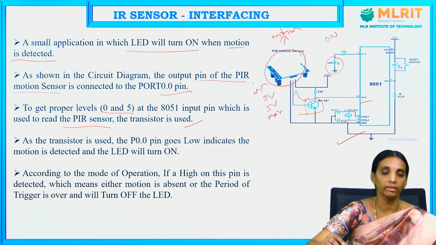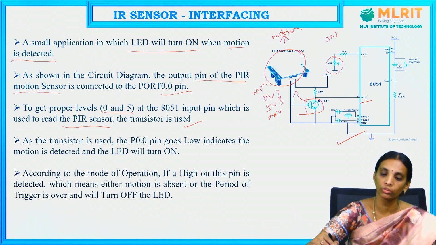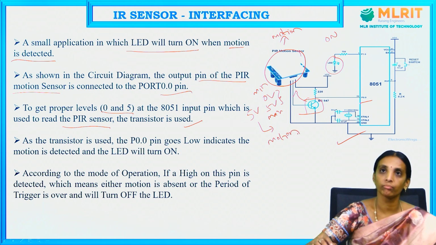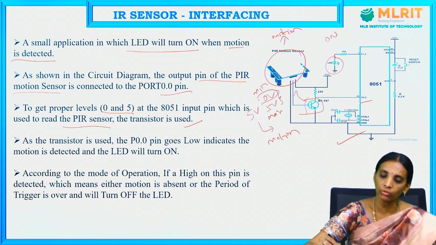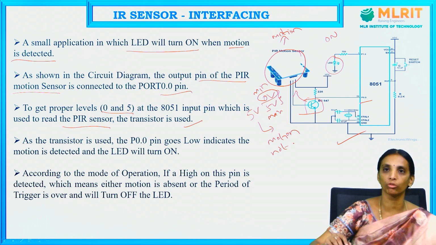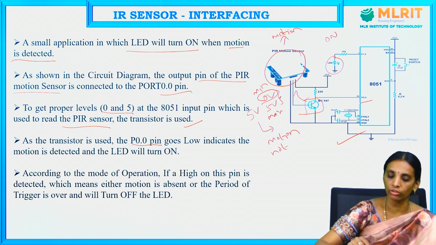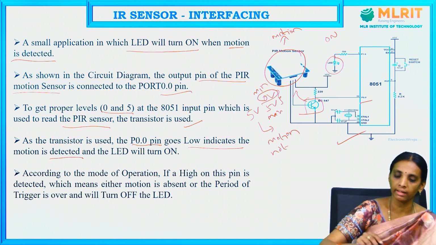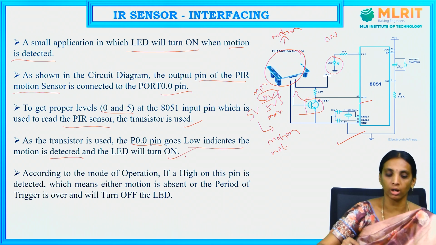If there is motion, the difference between these two signals will be 5 volts, which indicates that motion is detected. If there is a stationary object, the output goes to 0 volts, which indicates that motion is not detected. The port 0 pin going low indicates that motion is detected and the LED turns on.